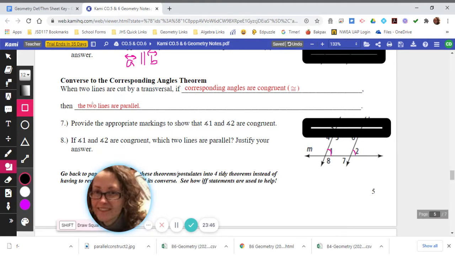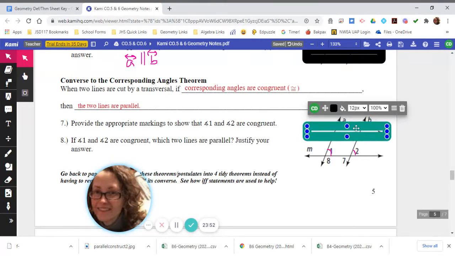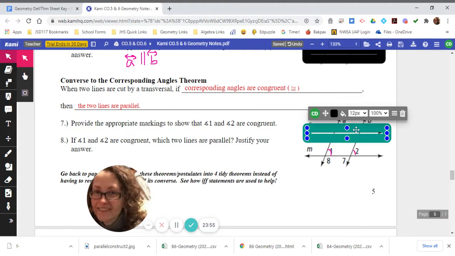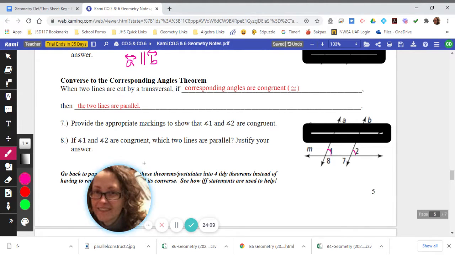I still need the names of the lines up here, so I'm going to move this just a bit. The two lines that would be parallel, if those two pink arcs are true and those angles are congruent, would be A and B.